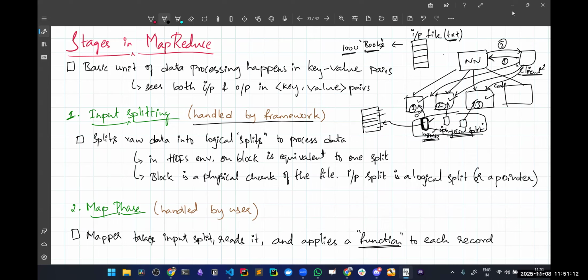Each line is basically an English sentence, and we want to convert this into words. This is the logic I will give in map. So it will start to read the file from 0 bytes to 128 MB.